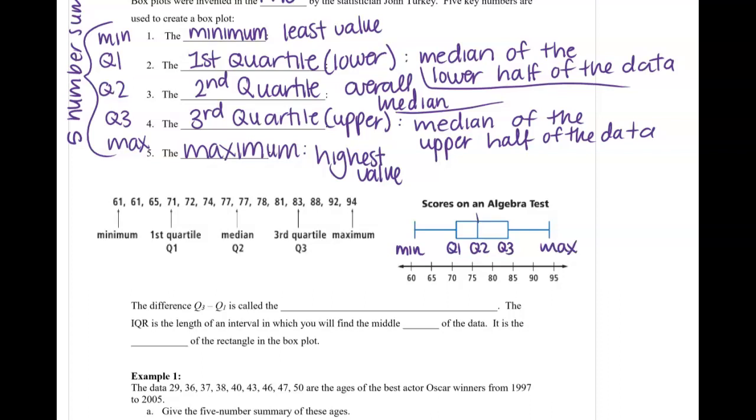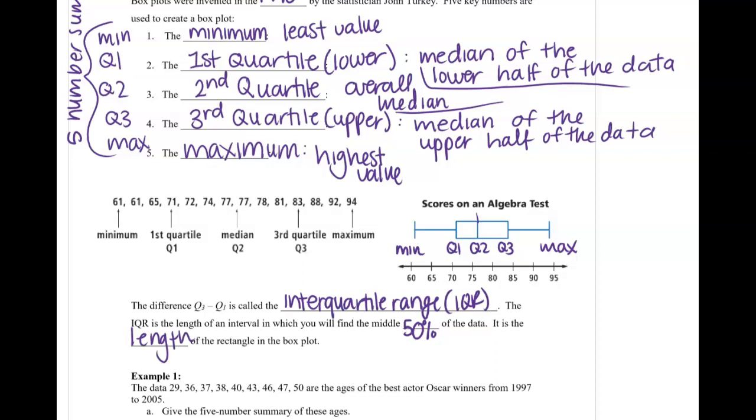The difference Q3 minus Q1 is called the interquartile range, or IQR, because interquartile range is too long. The IQR is the length of an interval in which you will find the middle 50% of the data. It is the length of the rectangle in the box plot.